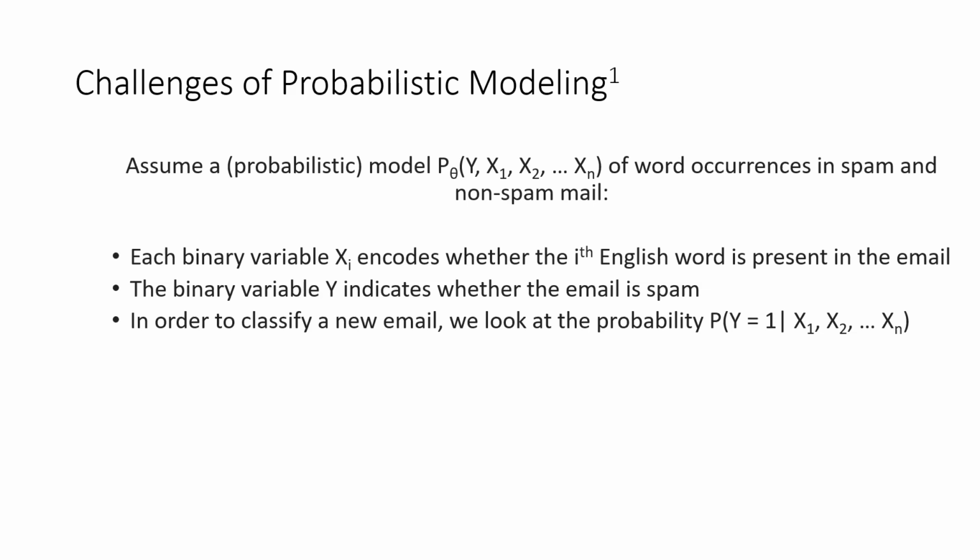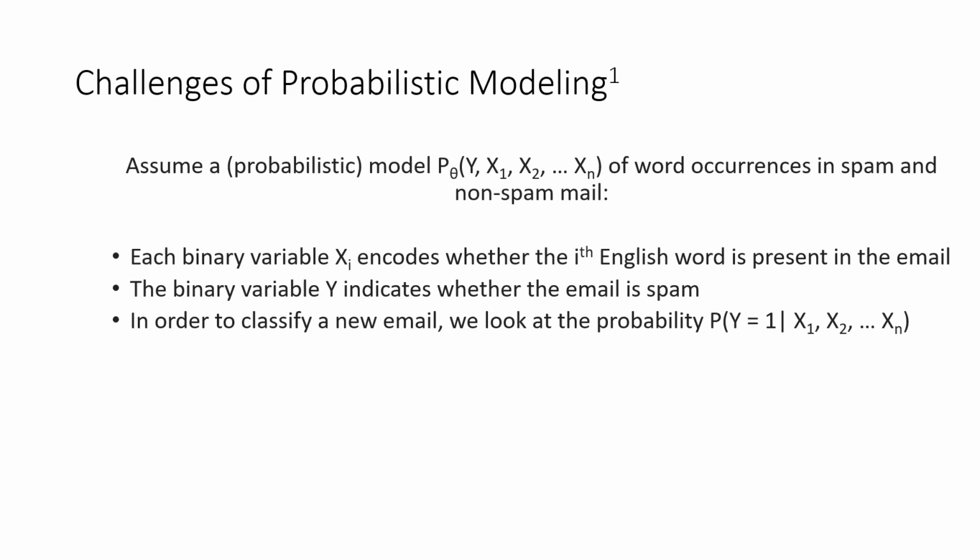In order to do that, I'm going to create a probabilistic model that connects the input, which is the word occurrences in the email, with a label that says whether this email is spam or non-spam.